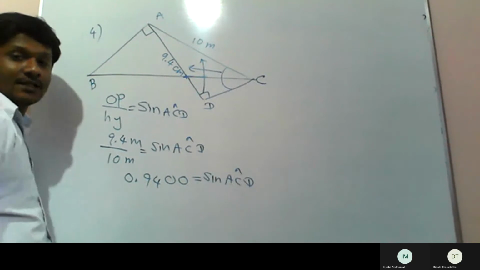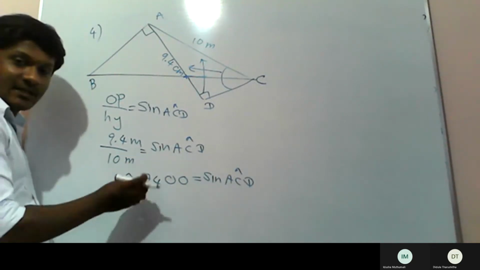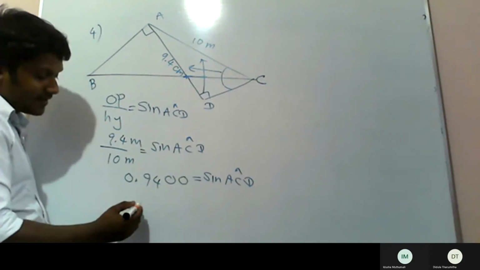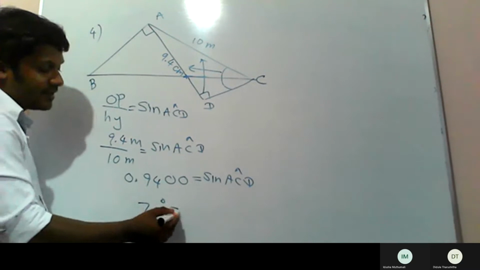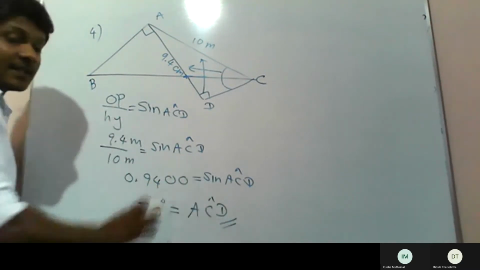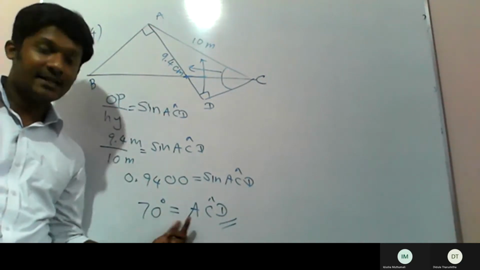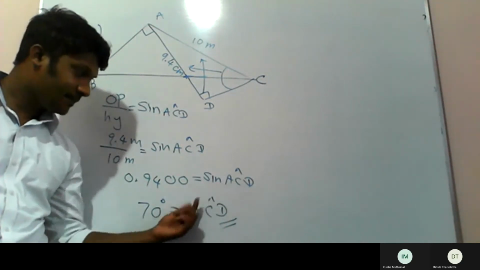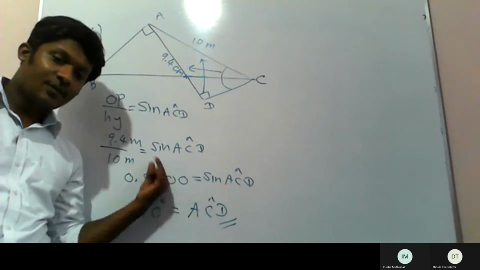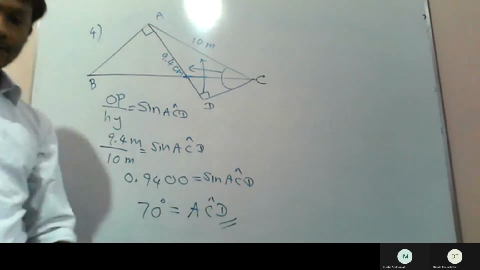Now we know the sine table. You can study the sine table. What is the corresponding angle for sine 0.9400? It is 70 degrees. So ACD equals 70 degrees. Right, 70 degrees.